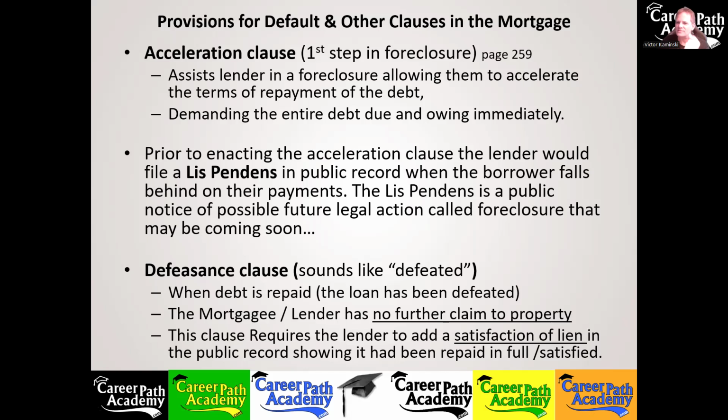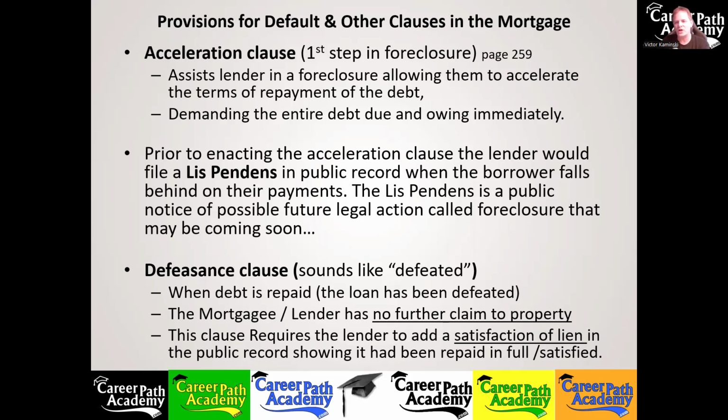The defeasance clause sounds like defeated, and it means that when you've defeated the loan, you've paid that baby off in full. The lender has no further claim on the property because you've defeated it. So it's the defeasance clause that requires the lender to go back into the public records and add a document called a satisfaction of lien, or satisfaction of mortgage lien, to let the world know, when anyone searches the public records, that there's no further debt on the property.